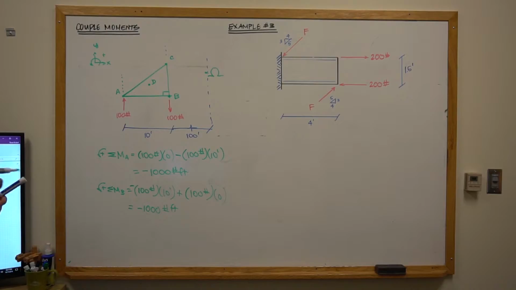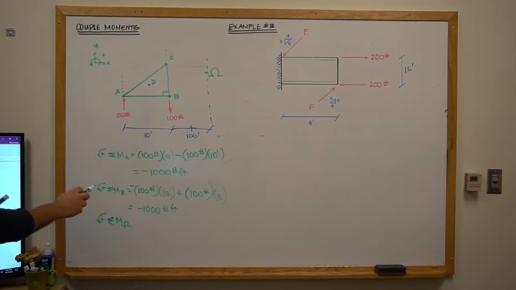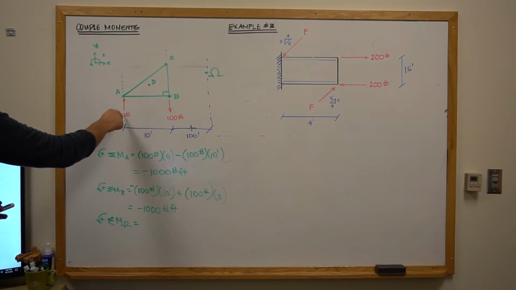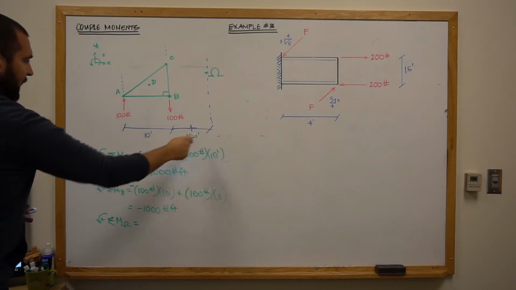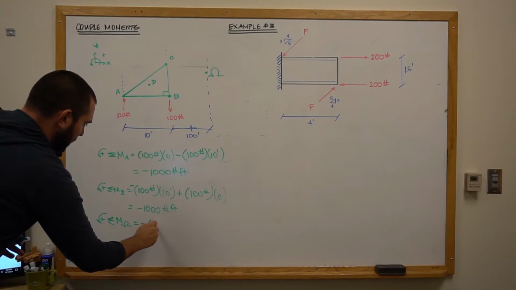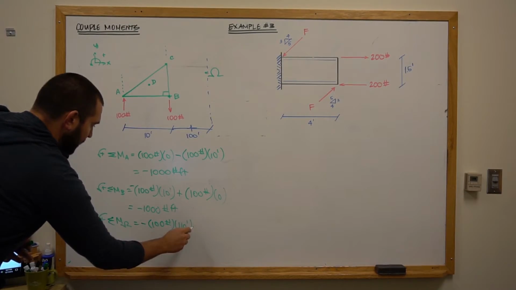force and magnitude and direction, if I sum the moments about point omega, I'll get two non-zero terms where they're going to cancel each other out for the most part, and so I would get this 100-pound force times 110 feet. Again, it'll be clockwise, so it'll be negative, so we get 100 pounds times 110 feet.